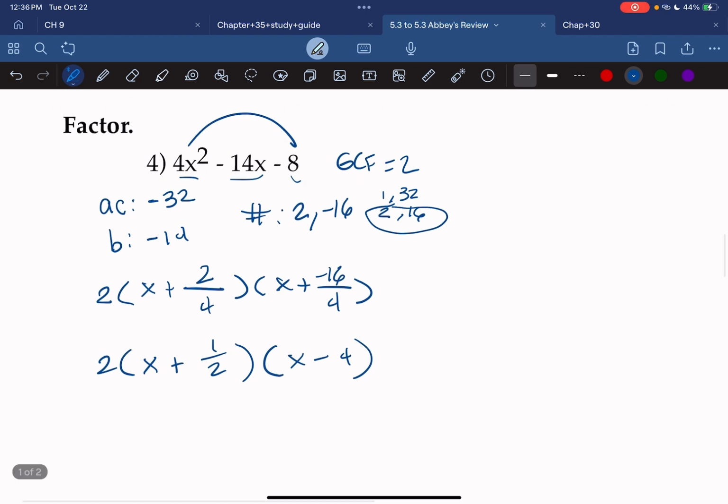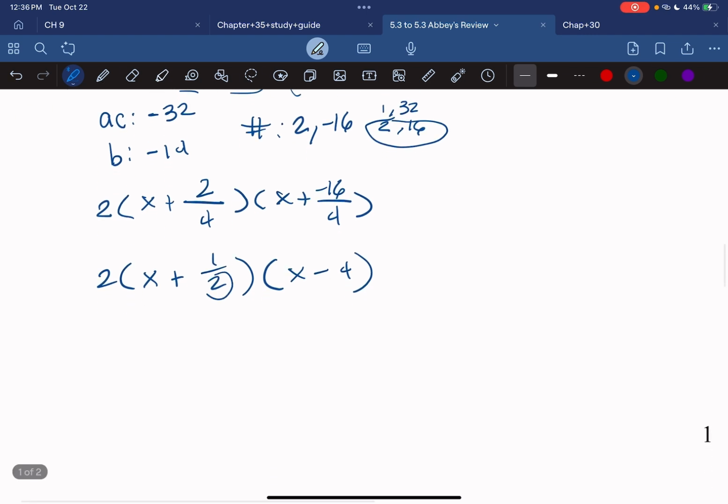We can't really have a fraction here, so this denominator, we're just going to swoop it over to the other side. So it's going to be 2(2x plus 1)(x minus 4). That's going to be our answer.